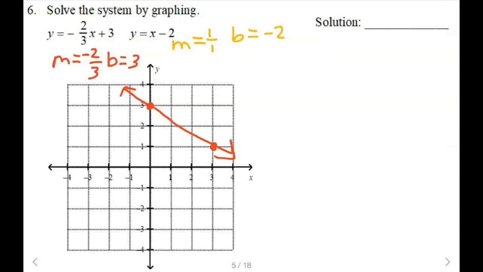Y-intercept is negative 2. So put a point at negative 2, go up 1 to the right 1. You want to go at least until those lines intersect. So we have the point 3, 1 as our solution.